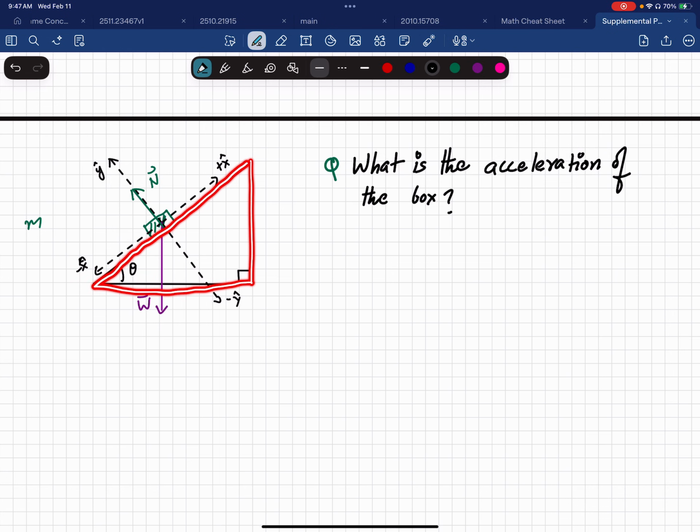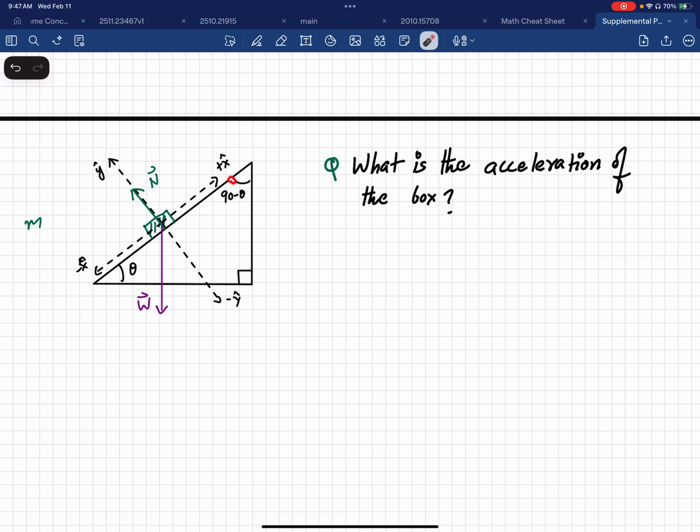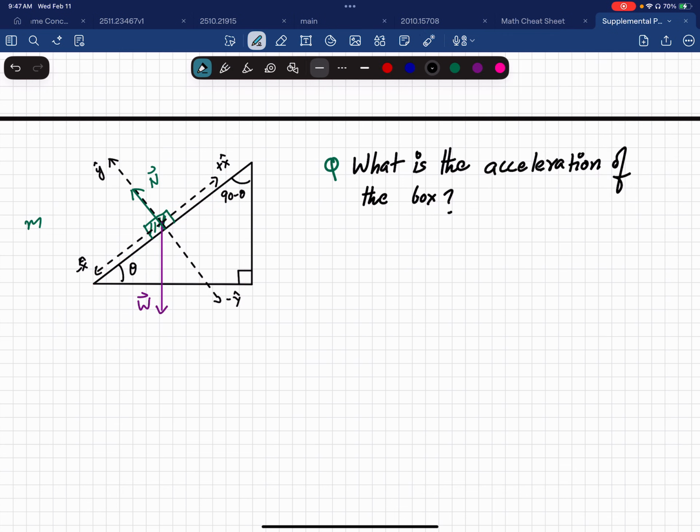That means this angle comes out to be 90 minus theta. Fine. Now, if this angle is 90 minus theta, and these are parallel lines, this will also be 90 minus theta, right? Same side of the parallel lines have the same angles. Okay. So this becomes the same. Before doing that, let me just put a symbol so that we don't get lost.